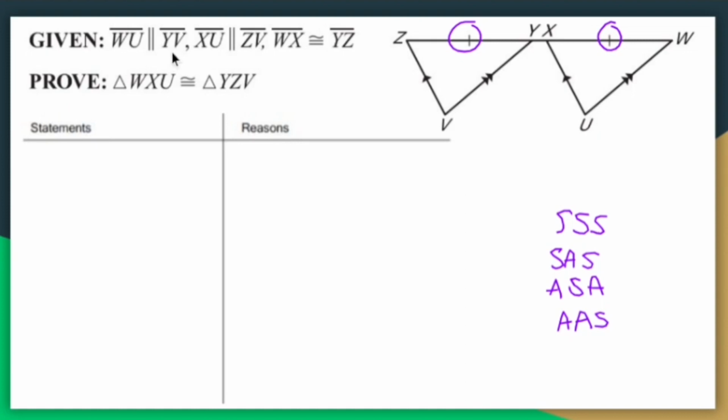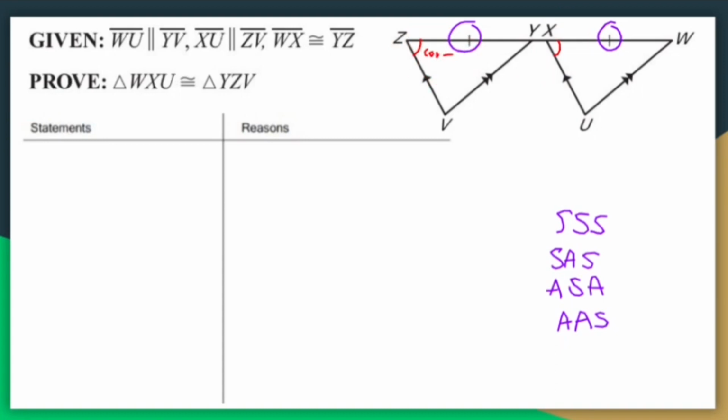But no, I don't want that here because that's not really what's going to help me. Since ZV and ZU are parallel, this acts as a transversal. These two correspond with each other.